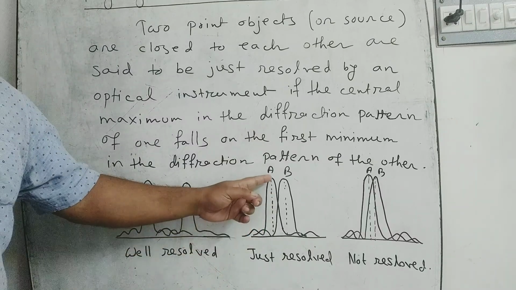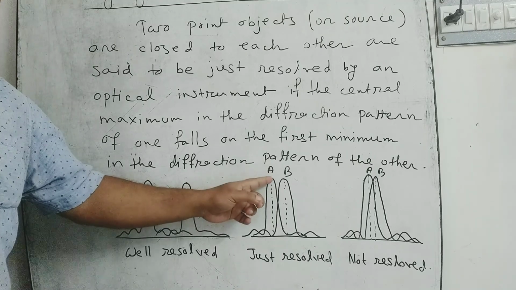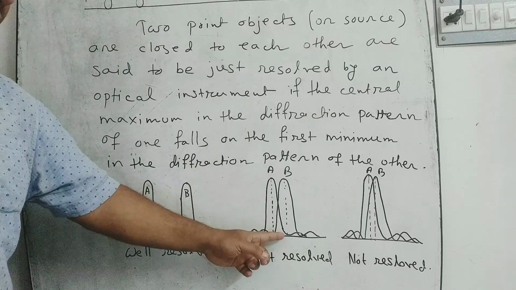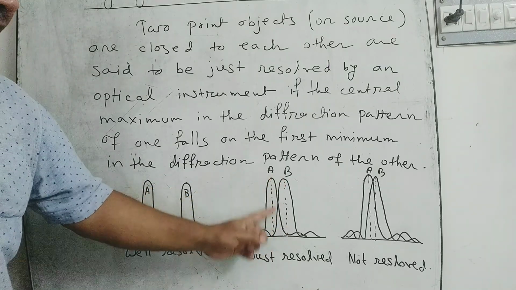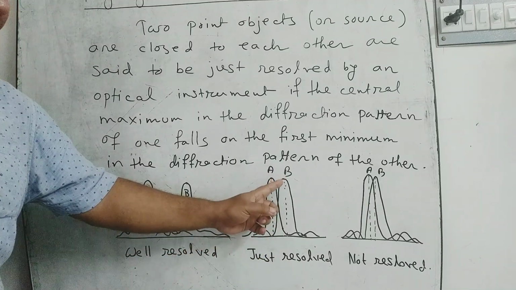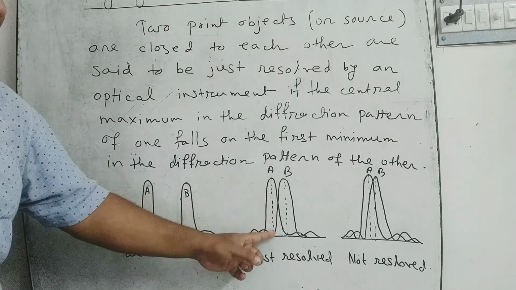In the second figure, the central maximum of the first pattern, point A, just overlaps with the first minimum of point B. Therefore, we can say that they are just resolved.